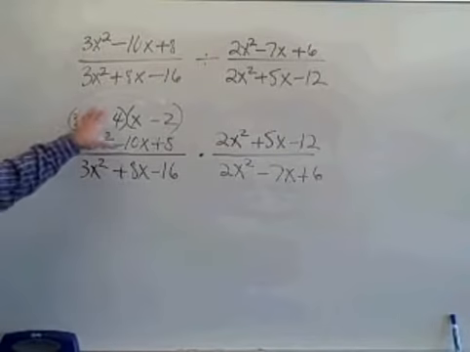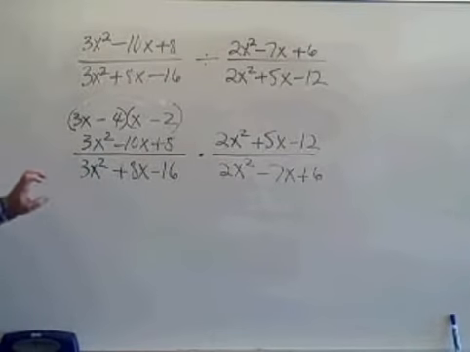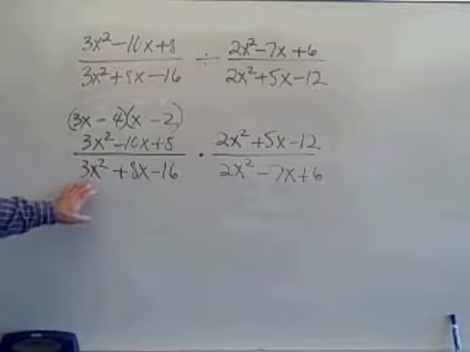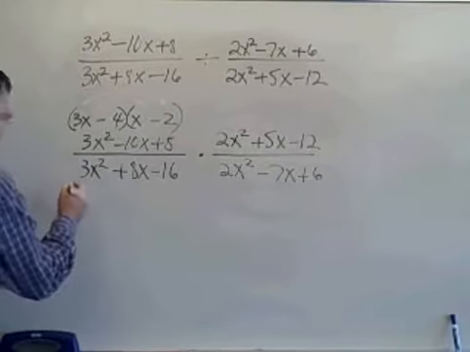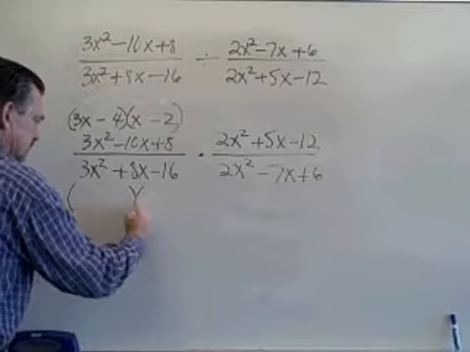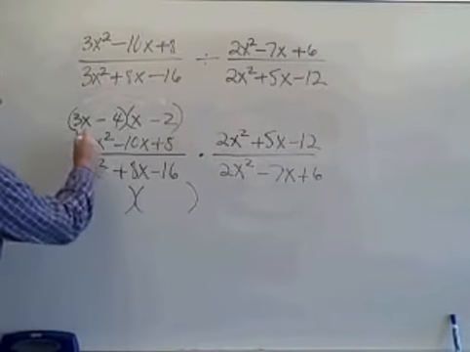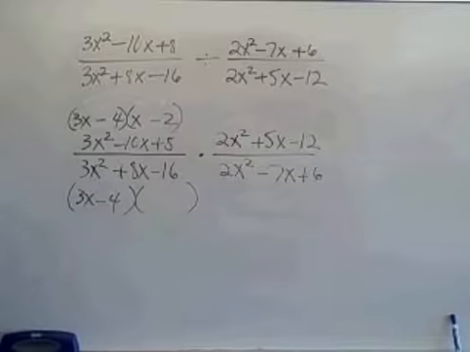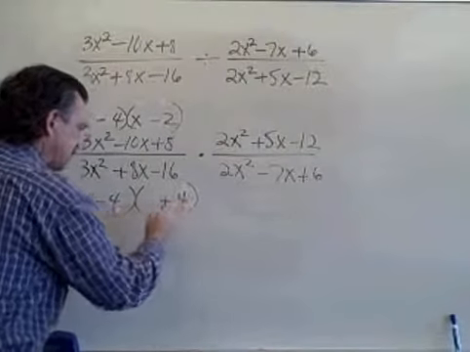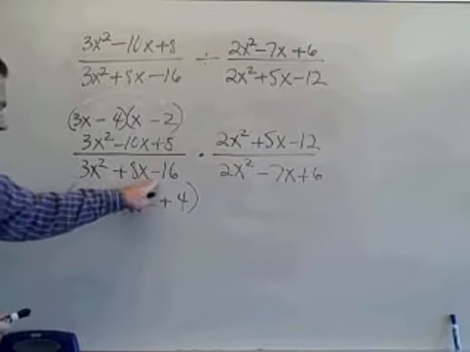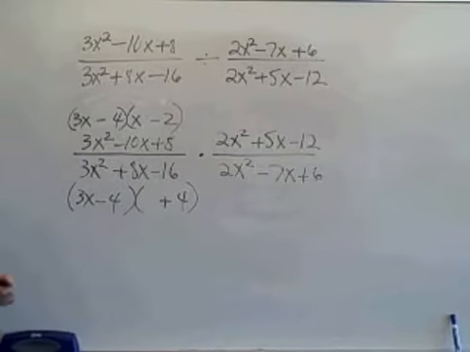Now, let's move down here. There's a 3x. There would be a 3x factor of this trinomial, wouldn't there? So let's see if it's 3x minus 4. Well, if this is minus 4, then doesn't this have to be plus 4 so that the L of FOIL would give me minus 16?